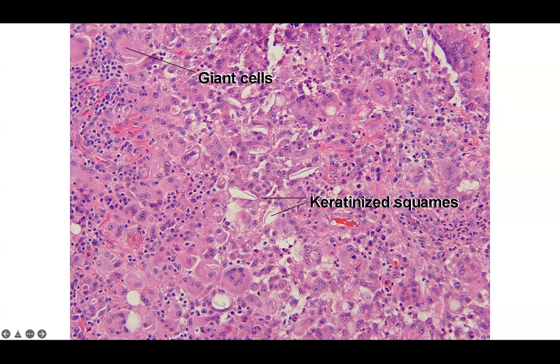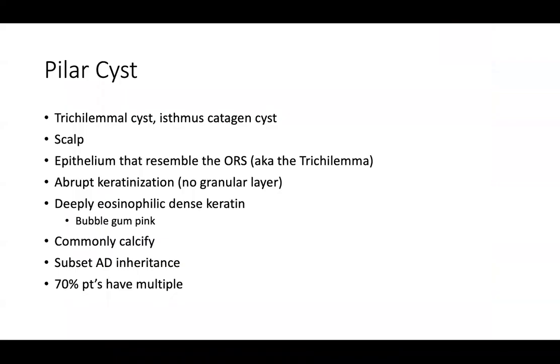So with the surrounding giant cells and these keratinized squames, even if you don't see the proper cyst, you'll still be able to make that diagnosis. Just say granulomatous inflammation with associated keratinized structures suggestive of ruptured cyst, and leave it at that and say close clinical follow-up is recommended if there's any suspicion for a neoplasm.